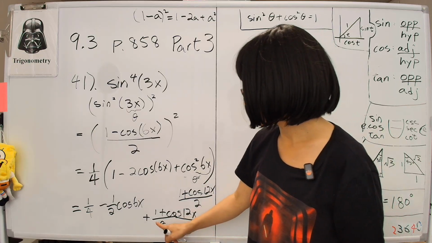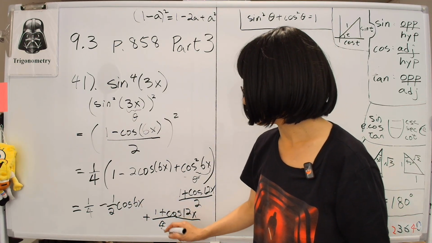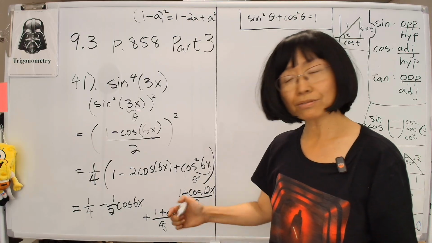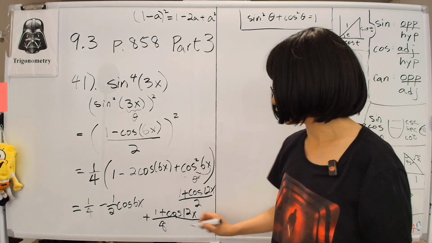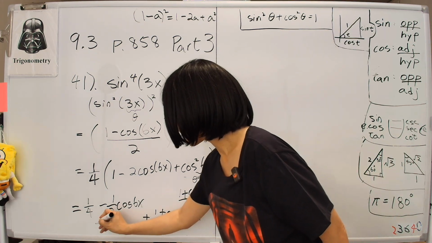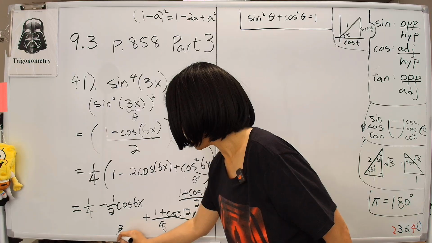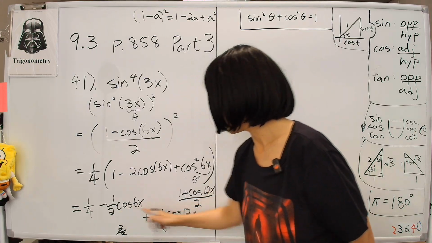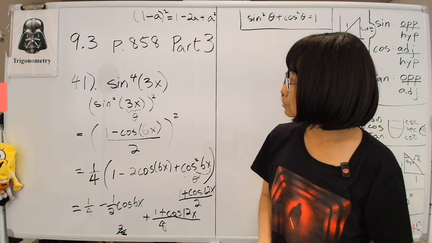So the 1/4 will be added to the 1/8 here, and then 1/4 plus 1/8 will be 3/8. So the total constant in this equation will be 3/8. But otherwise, the rest of it will be the same. So it will be 3/8, and then plus this, minus that, and plus that. And that should be the answer to problem 41.